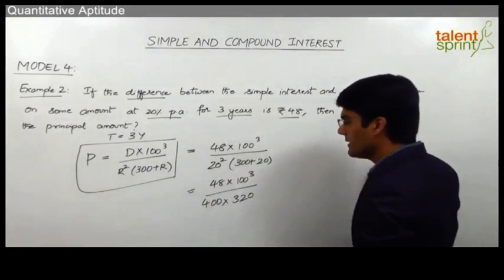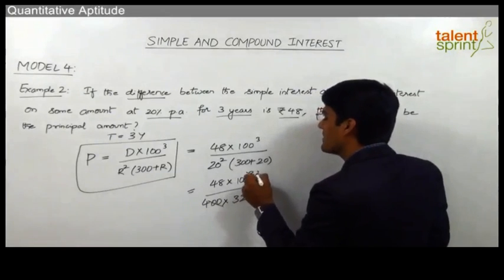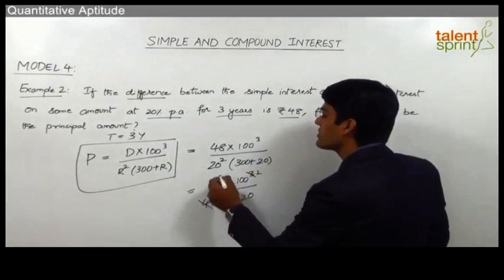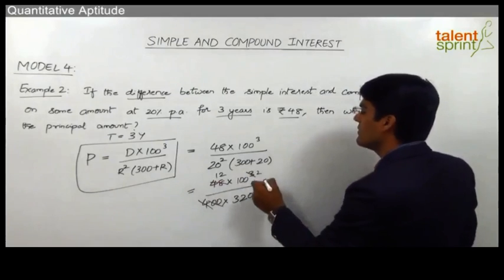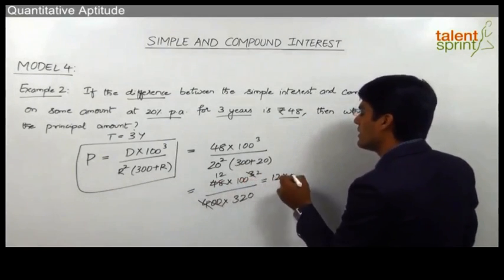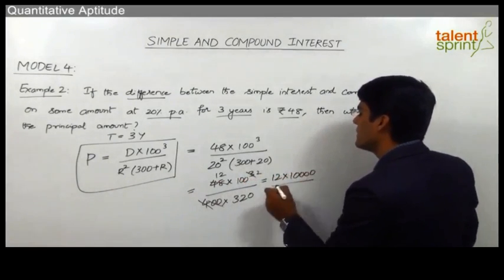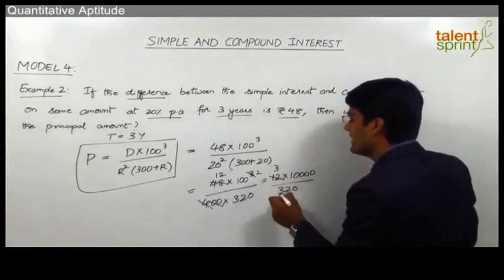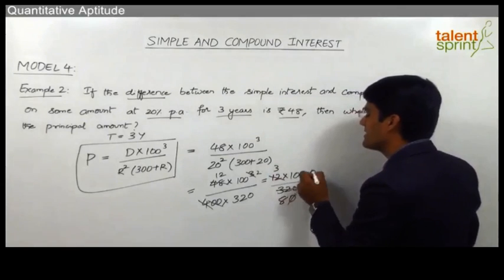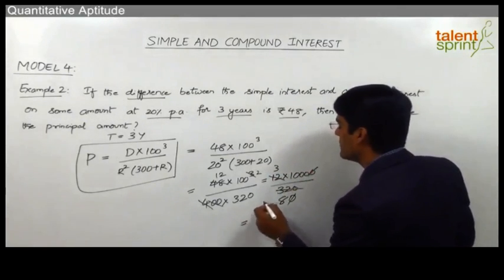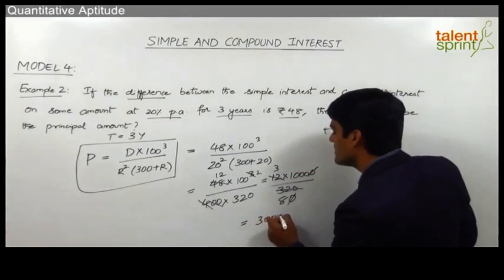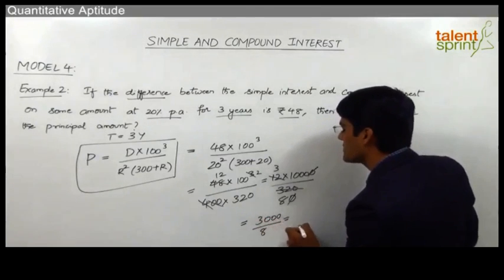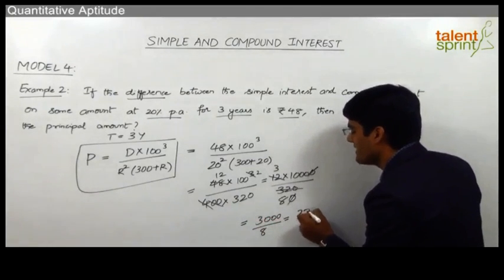Now by simplifying this, the zeros here get cancelled and this becomes 100 square. 4 goes 12 times. So the answer would be 12 into 100 square is 10,000 divided by 320. So this is 4 into 3 and 4 into 80. Again a 0 gets cancelled and the final answer would be 3 into 1000, 3000 divided by 8, which comes out to be 375 rupees.